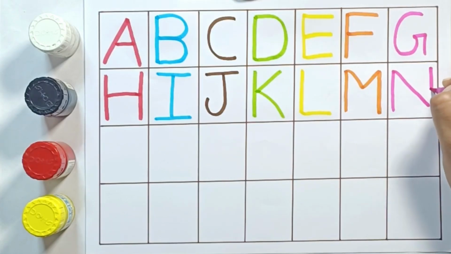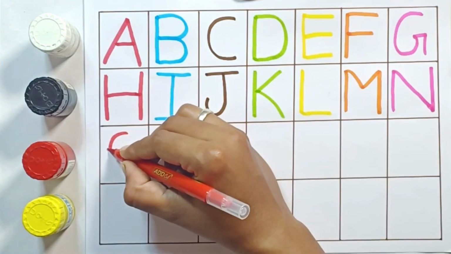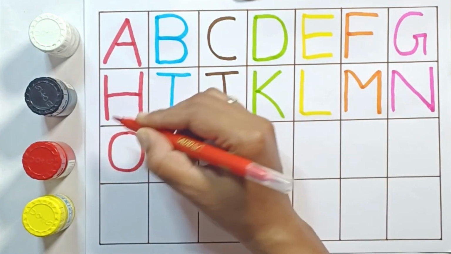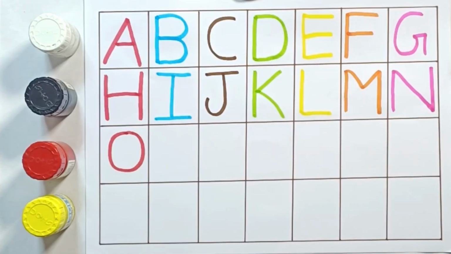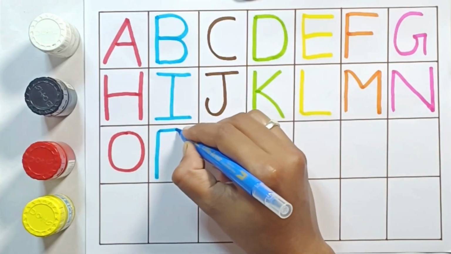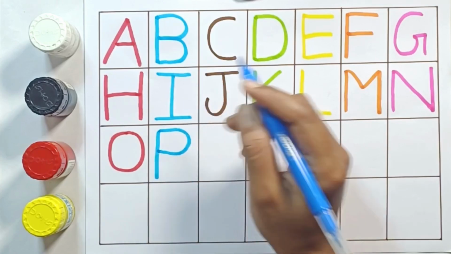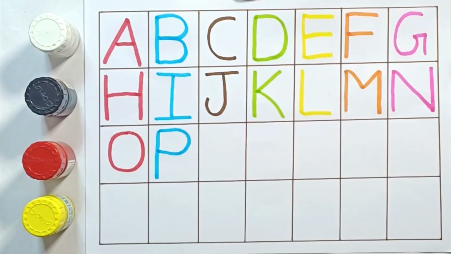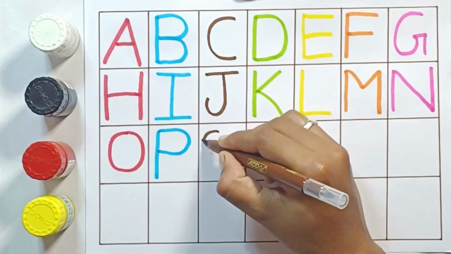N for nose. N for nose. O for orange. O for orange. P for penguin. P for penguin.